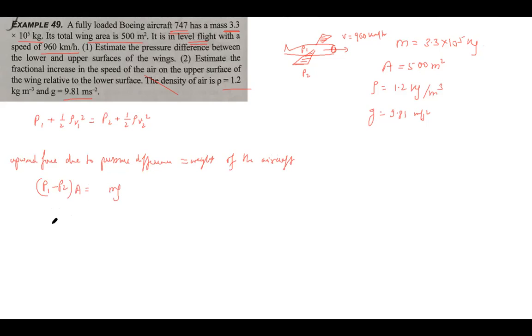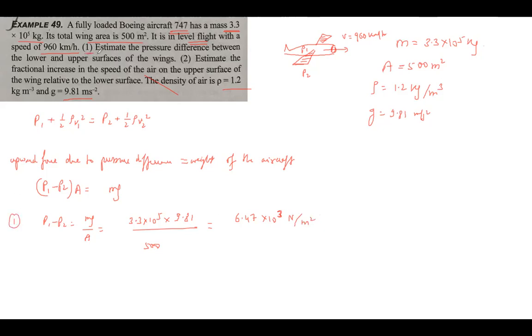For the first part, the pressure difference: P1 minus P2 is equal to mg upon A. So mg is 3.3 into 10 to the power 5 into 9.81 divided by area 500 meters square. So we'll get 3.3 into 9.81 divided by 5, which is 6.47 into 10 to the power 3 Newton per meter square. So this is the first part.